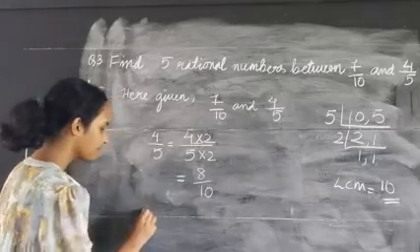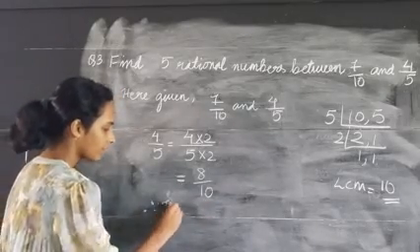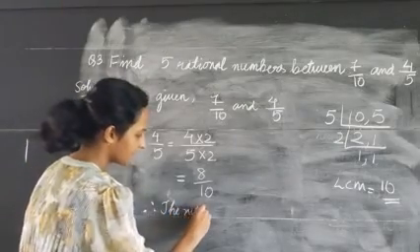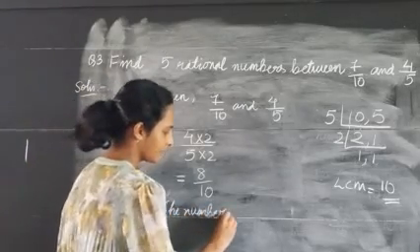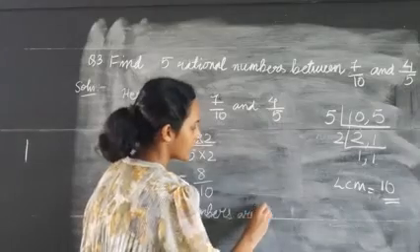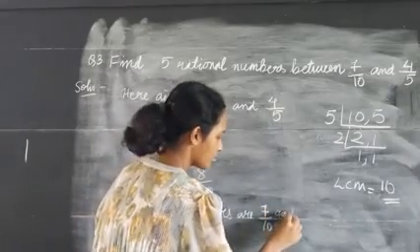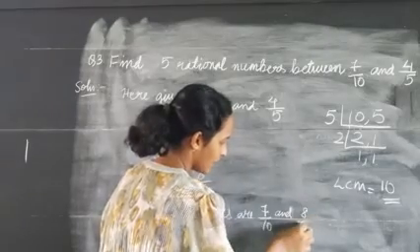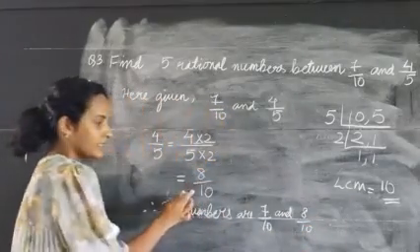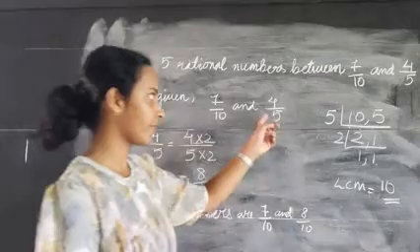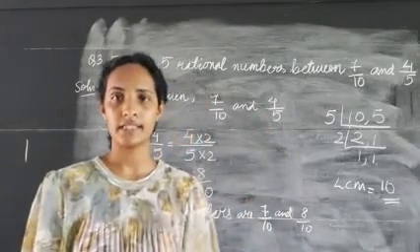So, therefore, the numbers are 7 by 10 and 8 by 10. Instead of writing 4 by 5, we can write 8 by 10, right?